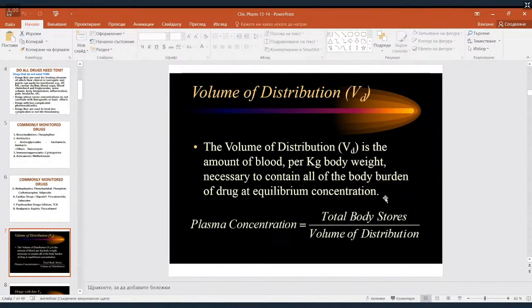So this may seem like a very complicated definition, but it is not really that complicated, and I'm going to show you why in a minute. In this case, the plasma concentration is equal to the total body stores of the drug divided by the volume of distribution.